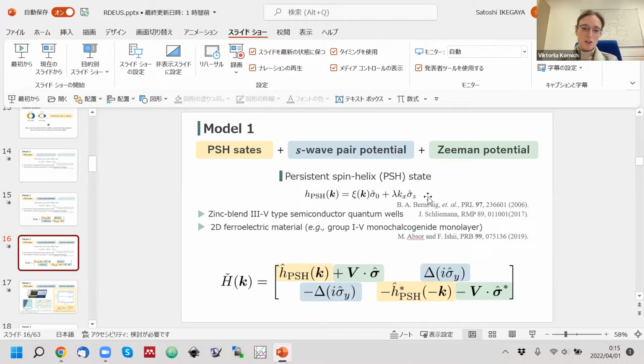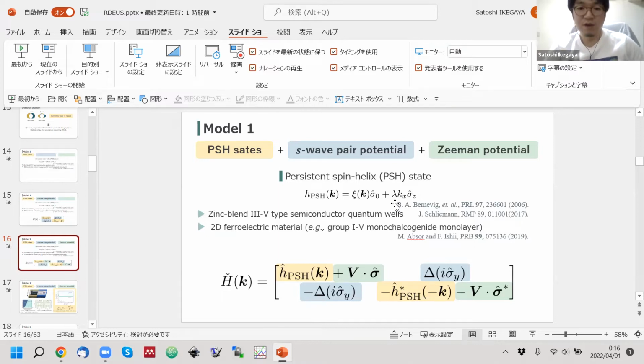Or if we make a thin film of semiconductor directed along the 110 direction, we will get the Dresselhaus 110 type spin-orbit interaction, which is naturally described by this kind of Hamiltonian.